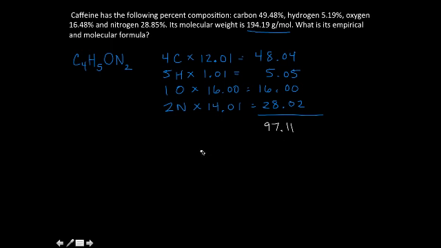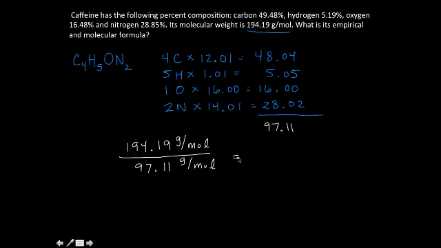Now, the only thing I need to do now is take the molecular weight of my total molecule, 194.19 grams per mole, and divide it by the empirical molecular mass, 97.11 grams per mole.